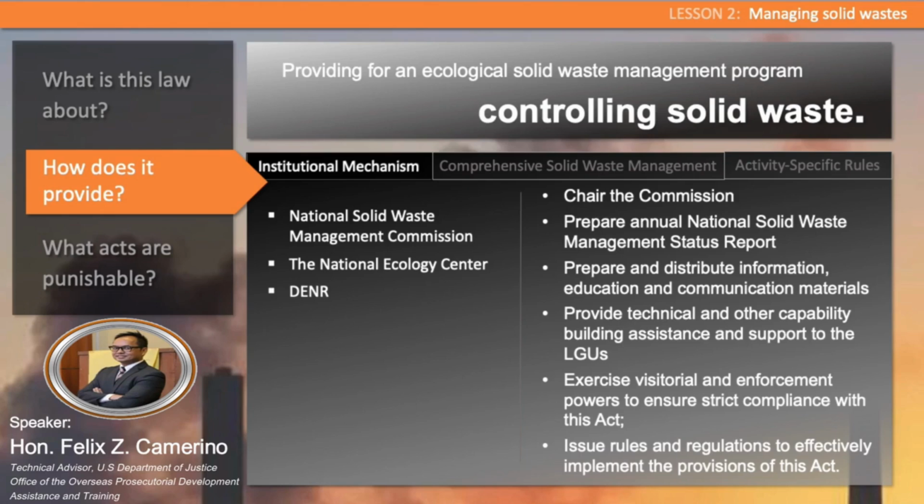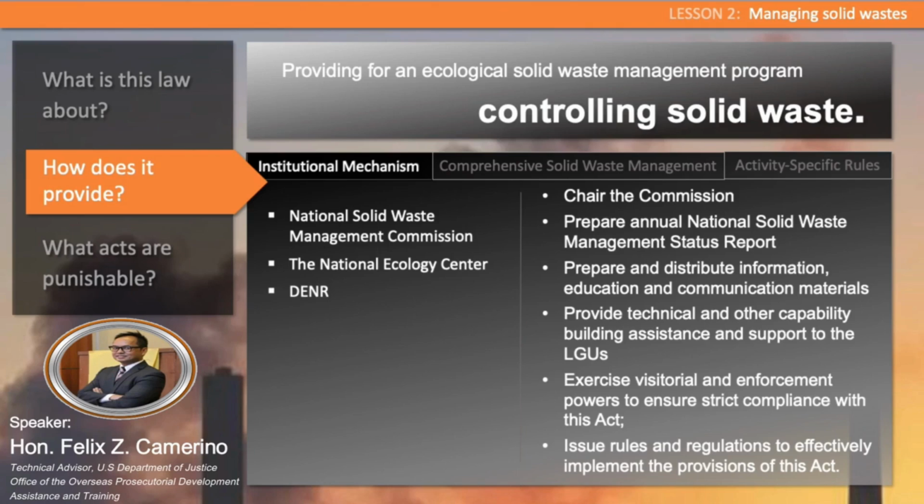In other words, they have the power to define offenses in violation of the mandates of this law. Those rules and regulations would highly likely be found in department administrative orders, or DAOs.